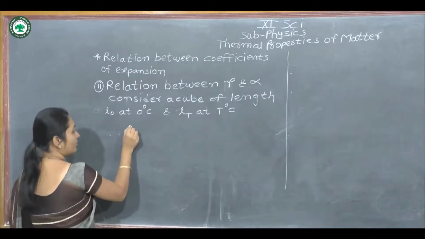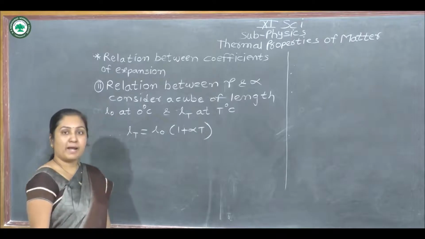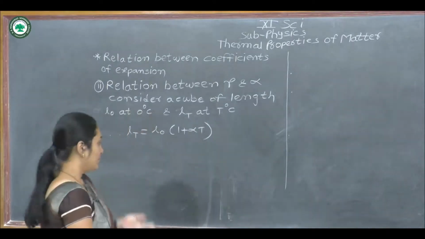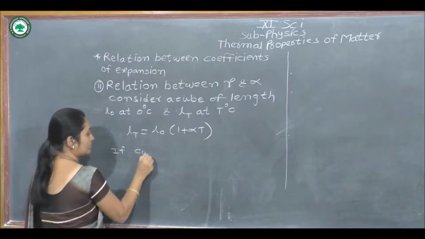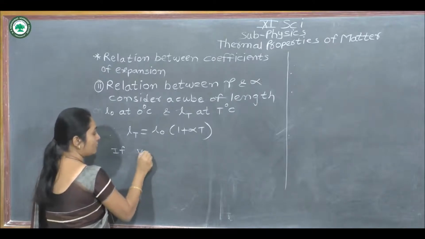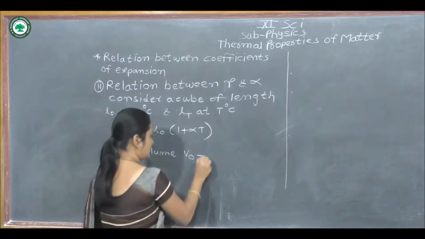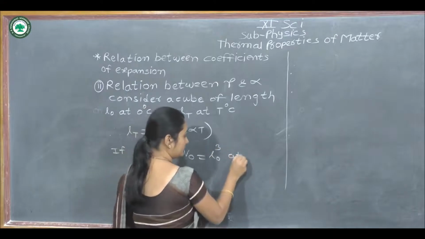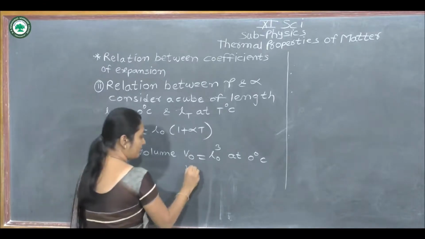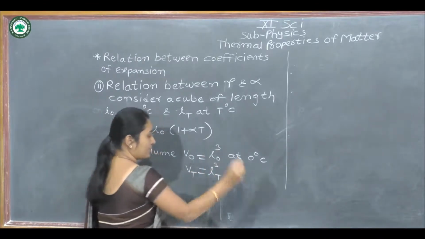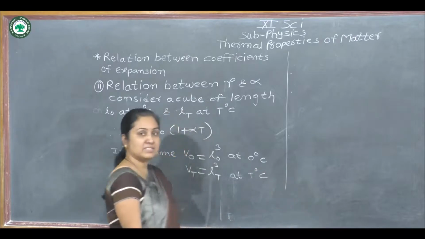So we have LT equal to L0 in bracket 1 plus alpha T. Similarly, the volume of this cube is V0, which is equal to L0 cube at 0 degrees Celsius, and Vt is equal to LT cube at T degrees Celsius.